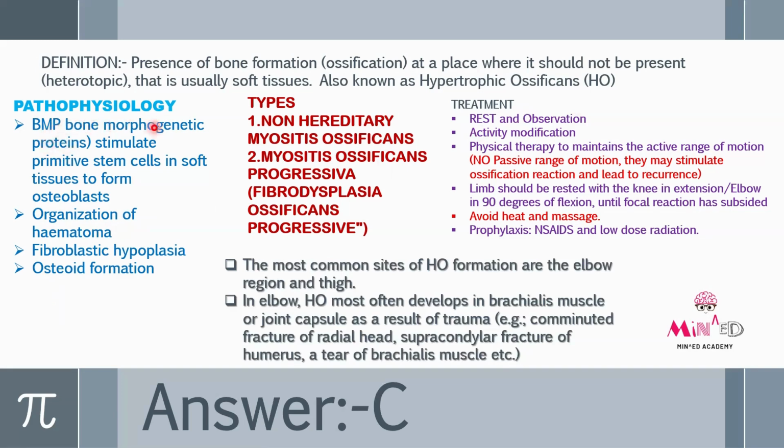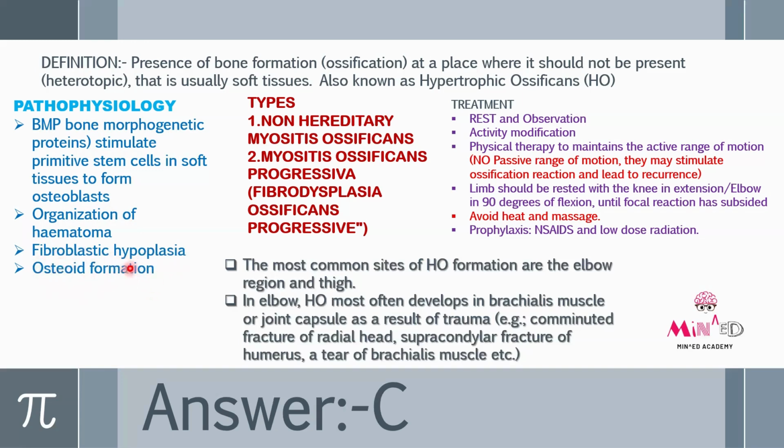Pathophysiology: BMP, that stands for bone morphogenetic proteins, stimulate primitive stem cells in soft tissue to form osteoblasts. Then there is organization of hematoma, then fibroblastic hyperplasia, and then osteoid formation.